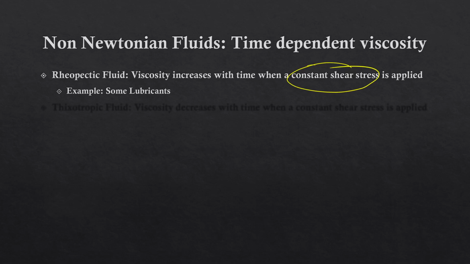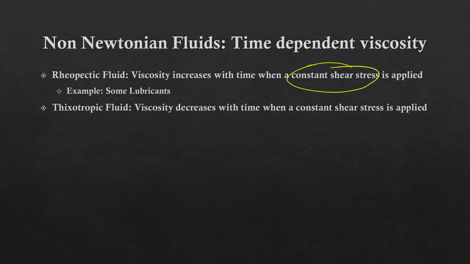On the other hand, the reverse is the case of thixotropic fluids, where viscosity decreases with time when a constant shear stress is applied. They are sometimes confused with dilatants and pseudoplastics, but in dilatants and pseudoplastics, the change in viscosity is because of change in the value of shear stress.